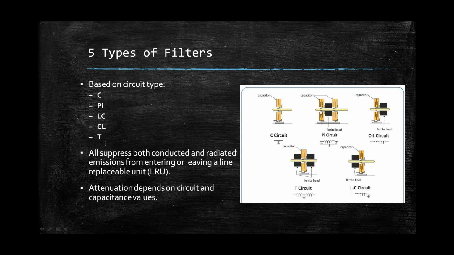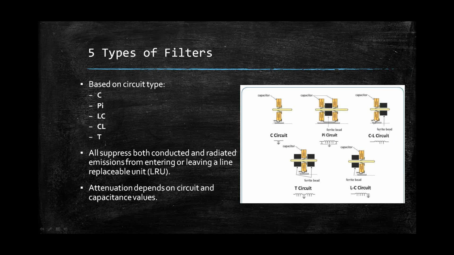A pi circuit is comprised of 2 capacitors with an inductor in between them. And the reason why it's called pi is if this drawing here was extended, you would have a capacitive element up here. Oops, sorry about that. A capacitive element, and an inductive element here. So it would make the shape of the Greek letter pi.